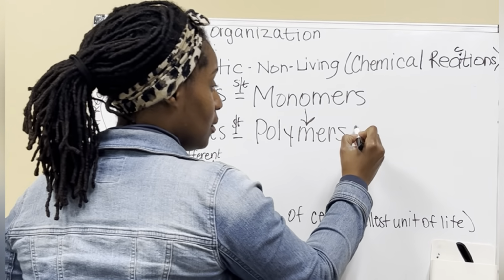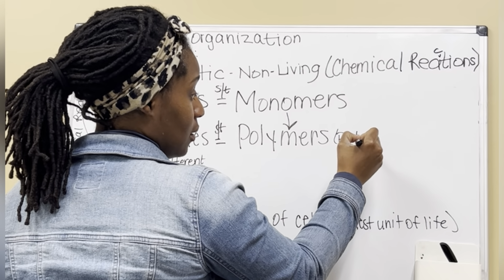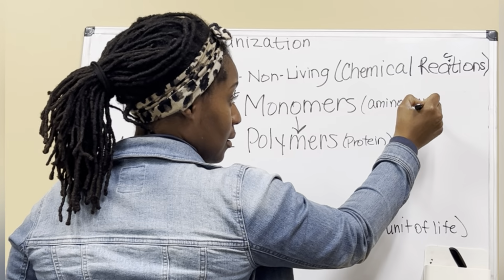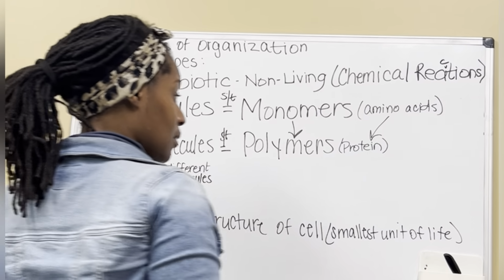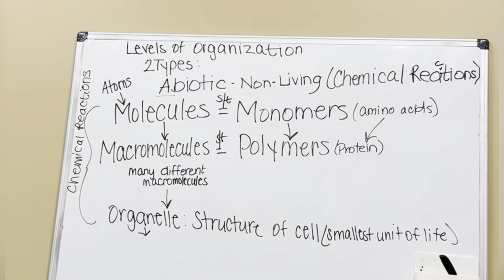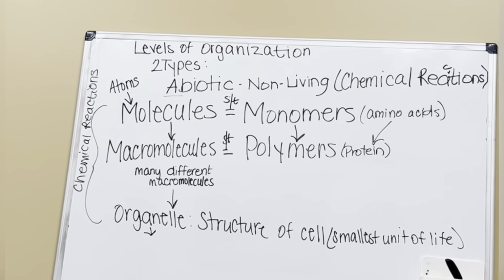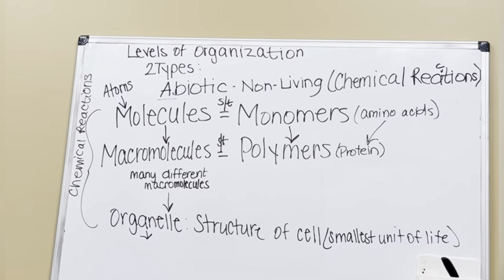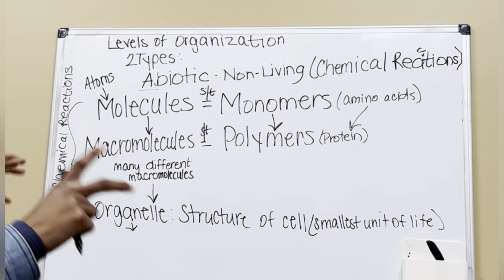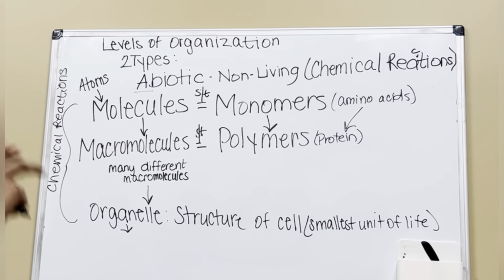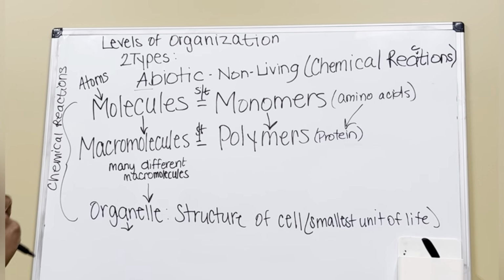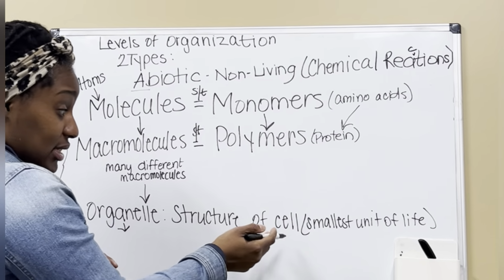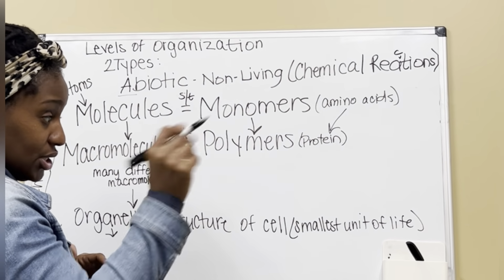Multiple molecules of fatty acids would create triglycerides, and multiple glucose molecules would create carbohydrates. Then when you get multiple different macromolecules, you have an organelle, which is now the structure of a cell. And the cell is the smallest unit of life.